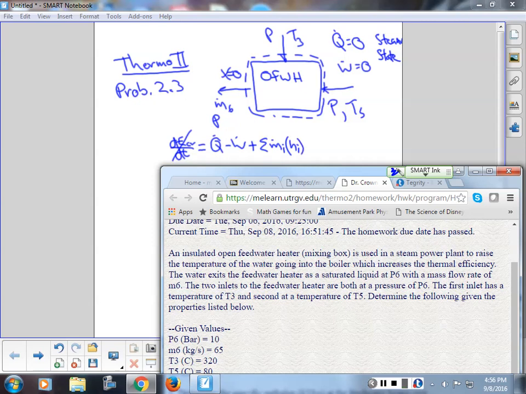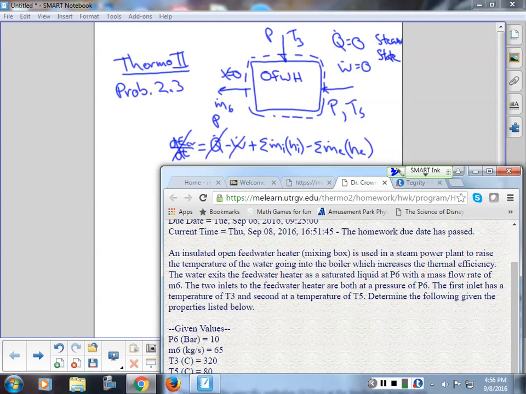So I'm just going to put that one term minus summation M dot e, and then of course the enthalpy at the exit plus kinetic plus potential, but those we're going to assume the change in kinetic, change in potential is 0. So no heat transfer, no work.